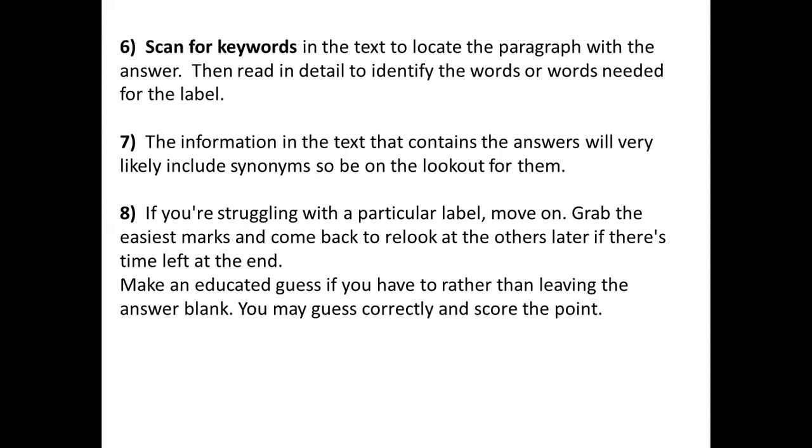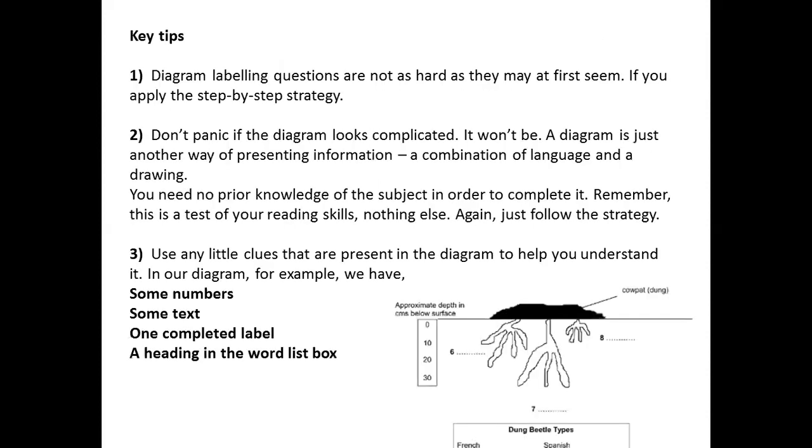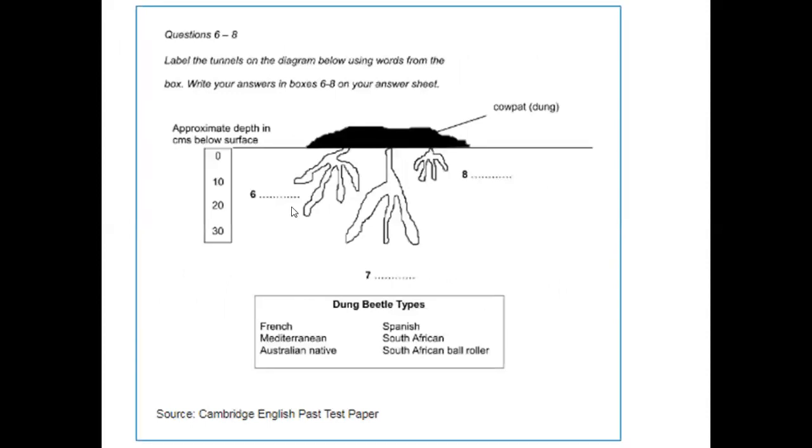So educated guess means that you don't just guess pointing the finger in the sky, but you think, okay, if this is this, so this should be this. And when you have this words box, it's actually easier to do, because some words will be eliminated, right? So, for example, this is French, this is Mediterranean, this one is Spanish, let's say.